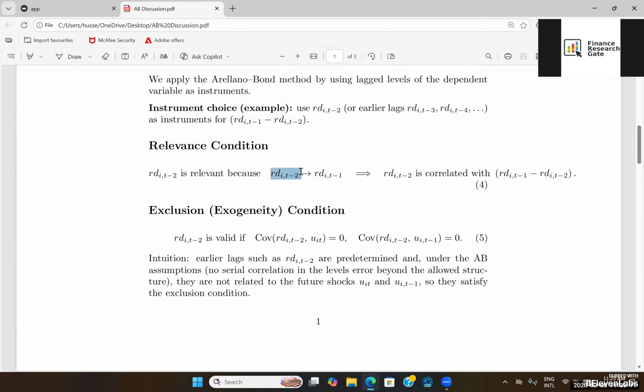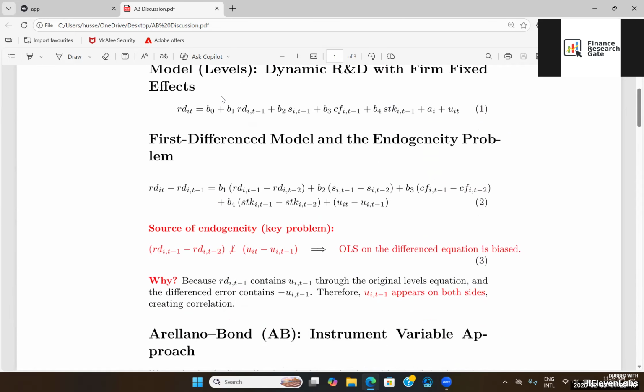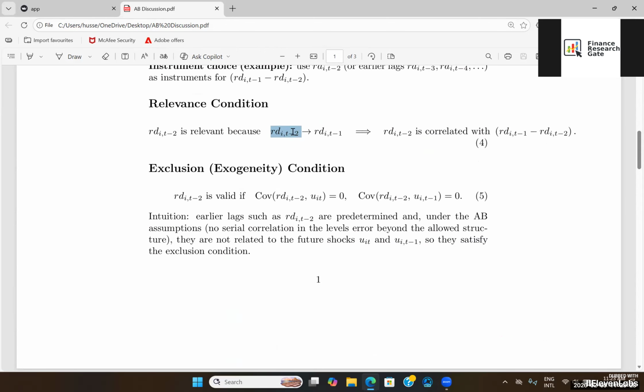Is it correlated? Yes, it is, because by construction we are modeling the dynamic behavior of the y variable, which is inherently serially correlated, at least with a single lag period. This is precisely why we are including the lagged R&D in the first place. R&D at t-2 is related to R&D at t-1, just as there is one lag period between them.